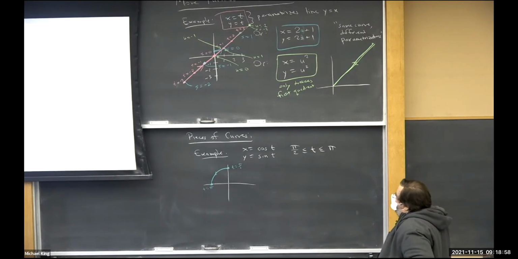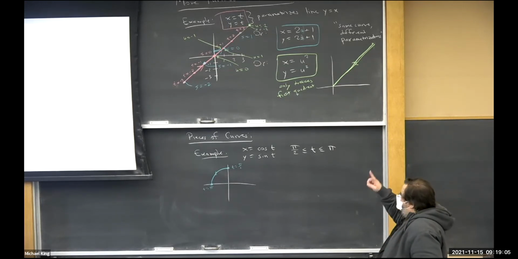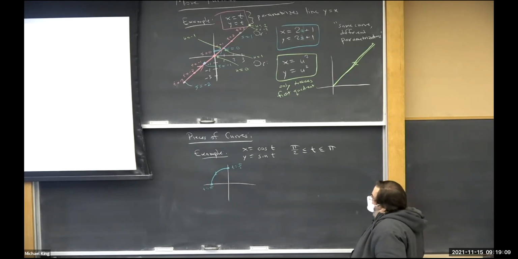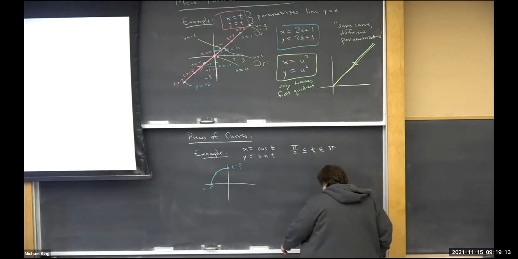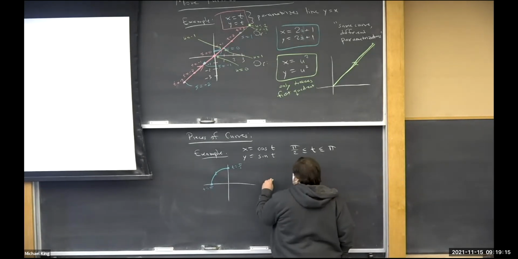We sort of talked about the next one. If we just did 0 to pi, instead of 0 to 2 pi, with cosine 2t, sine 2t. The line segment one is sort of interesting to me, right? So what if we want to parameterize a line segment?